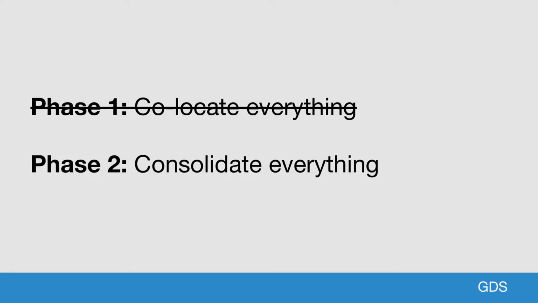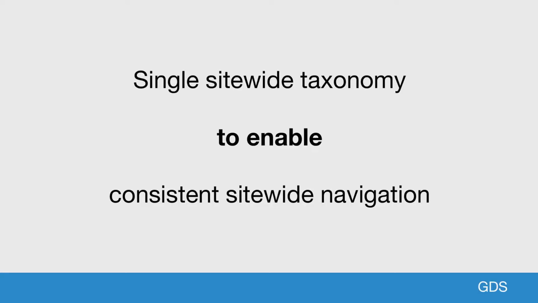And so the phase we're in now is trying to consolidate that content and have a good data backend. And one of the really important parts of that consolidation effort is to develop this single site-wide taxonomy across the whole site.